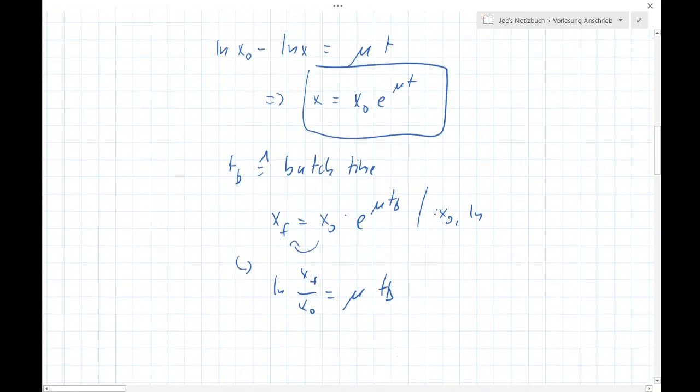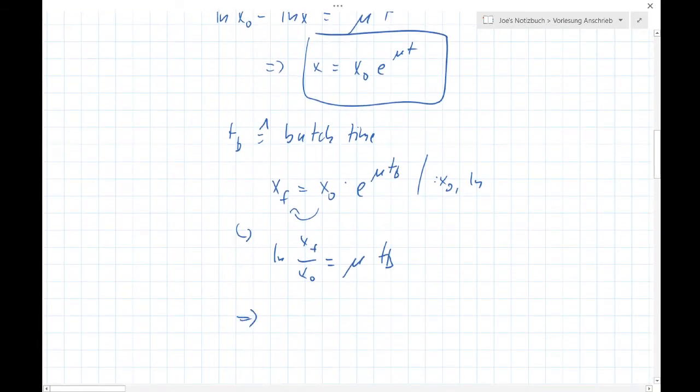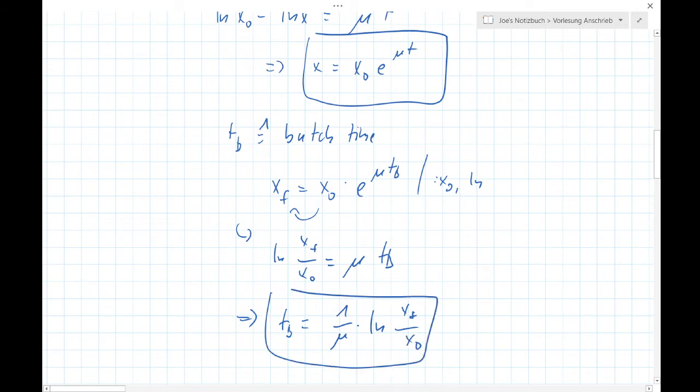And therefore, of course, Tb, just bringing the mu over there, is 1 divided by mu times ln of X final divided by X0. So this is our batch time in the exponential phase.